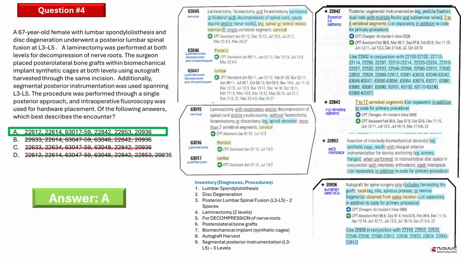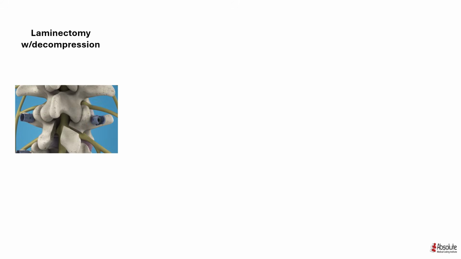Now let me go ahead and conclude, right? So, just so you know, we have a lot of procedures going on. So I just want to reiterate what took place. We had laminectomy with decompression. So that's the removal of the lamina. We had, and we coded it 63017 with a 59 modifier.